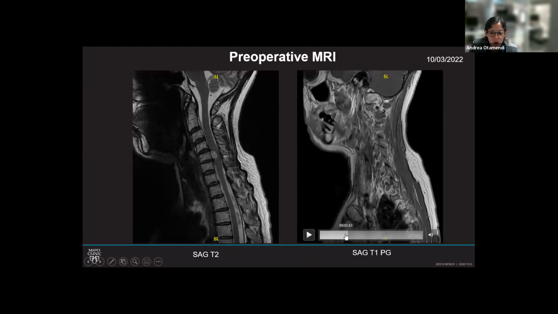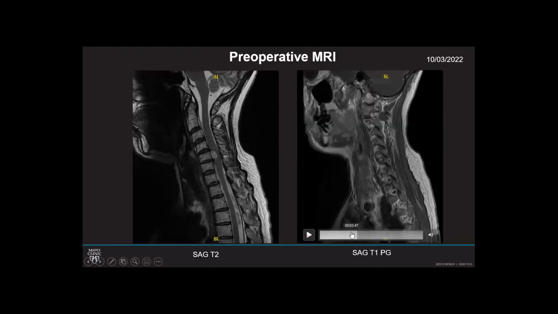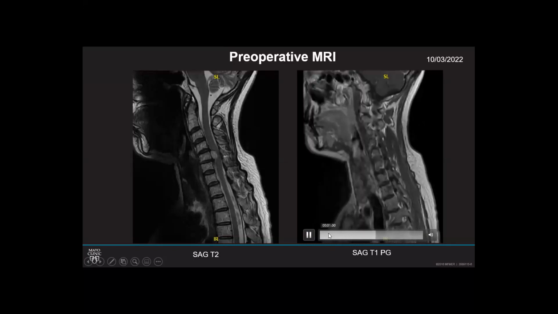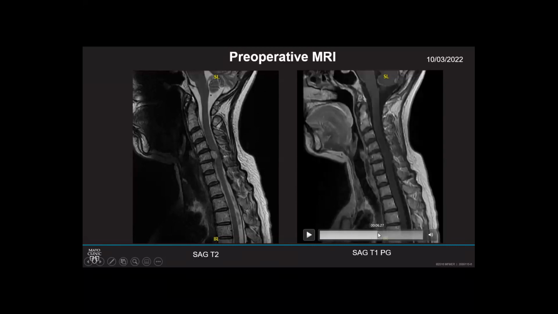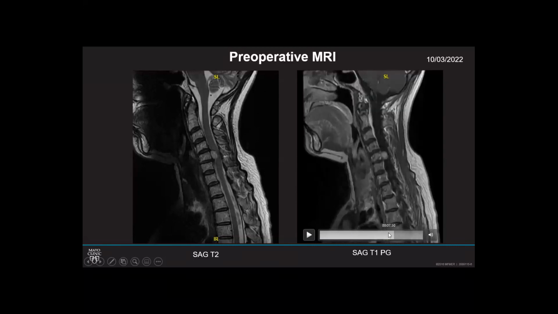Dr. Vishal Patel, I don't know if you would like to comment on this. Sure, yeah. So we're showing again a sagittal T2 weighted image and a post-contrast T1 weighted image. And as you said, there's a well delineated mass there at the dorsal aspect of the C5 vertebra, causing some compression of the cord, and extramedullary is one of the descriptors that we use. We typically will throw these spinal masses into one of 3 bins.